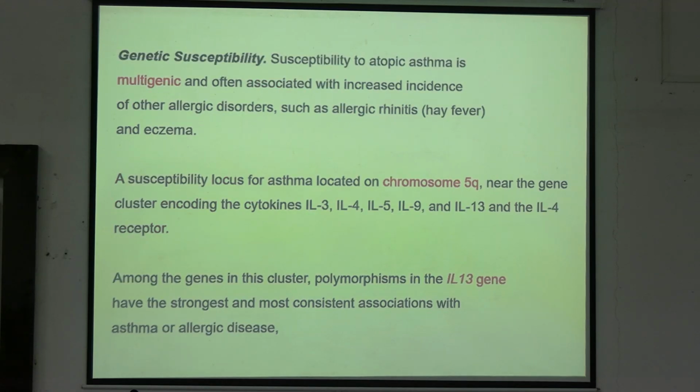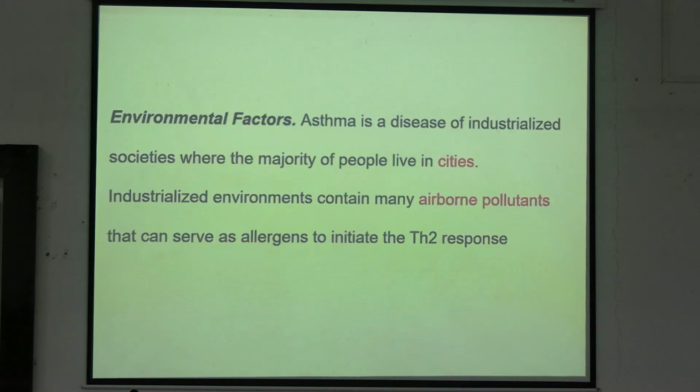Genetic susceptibility is also there, positive family history. So asthma also occurs due to genetic predisposition as well. A susceptibility locus of asthma is located on chromosome 5q, and the cytokines are also involved, like all the interleukins 3, 4, 5, 9, 13, and interleukin 13 gene is most important.